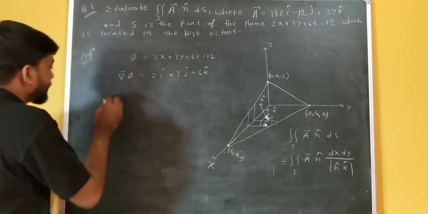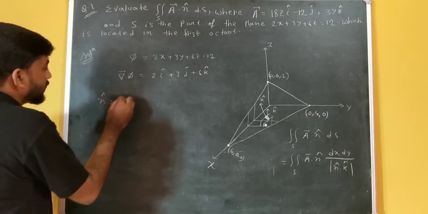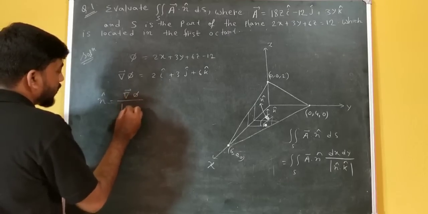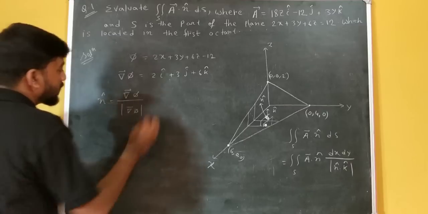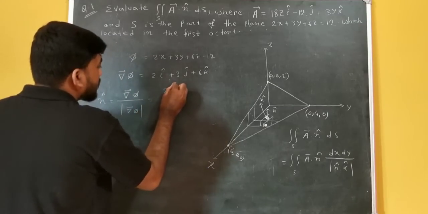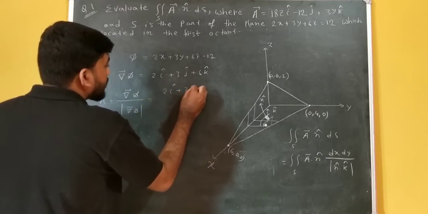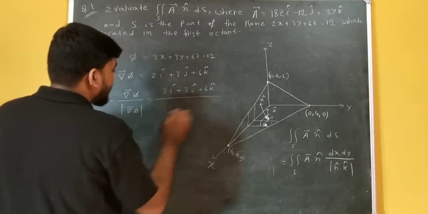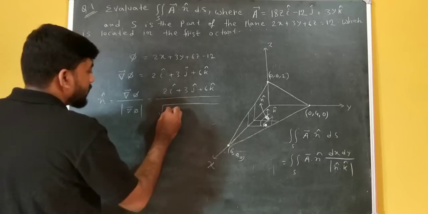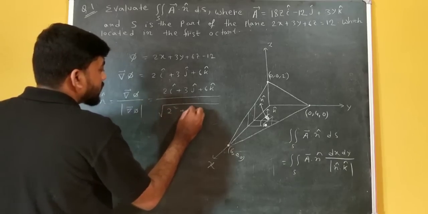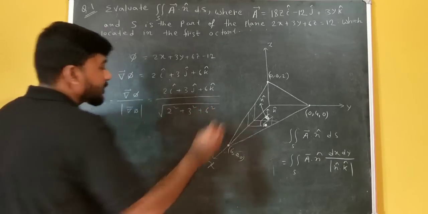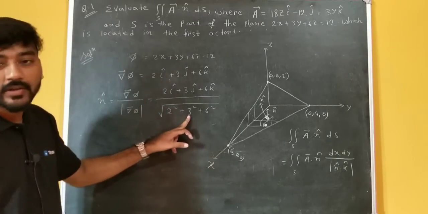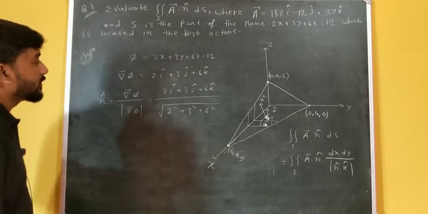So what will be n cap? N cap will be grad phi divided by mod grad phi. Here grad phi is 2i cap plus 3j cap plus 6k cap, divided by square root of 2 square plus 3 square plus 6 square. So there is 36 plus 4, 40 plus 9, 49, and root 49 means 7.